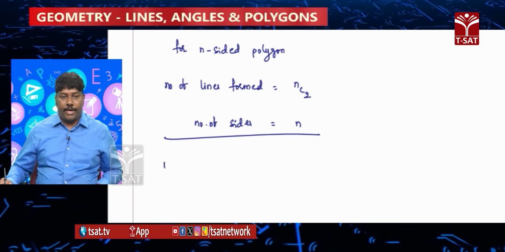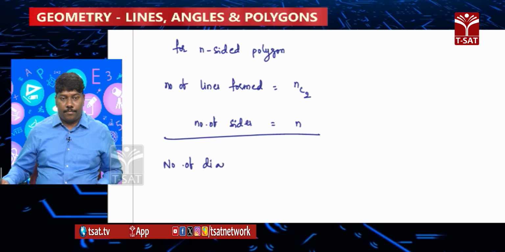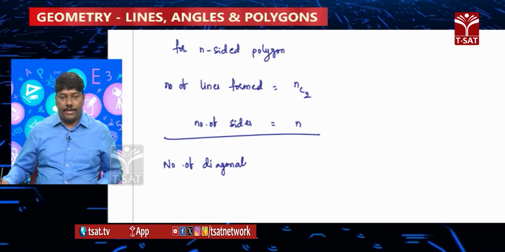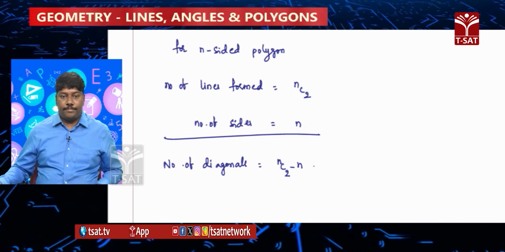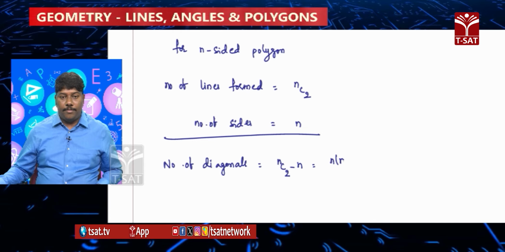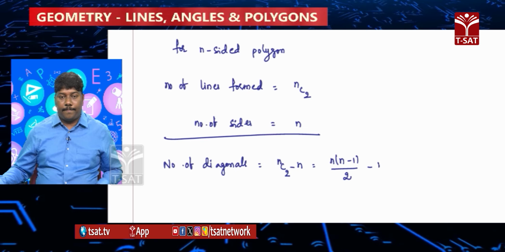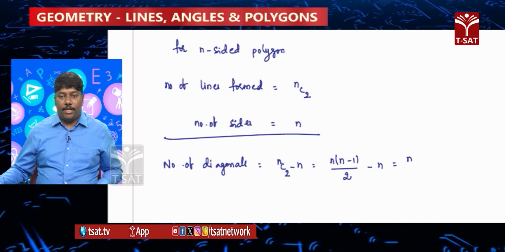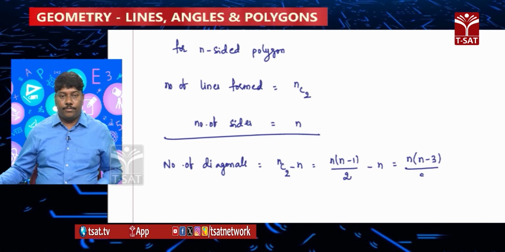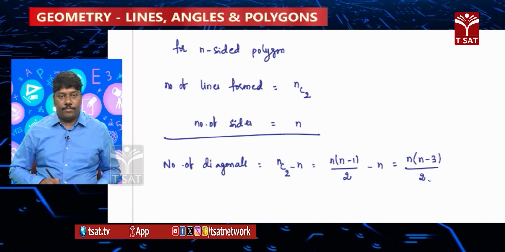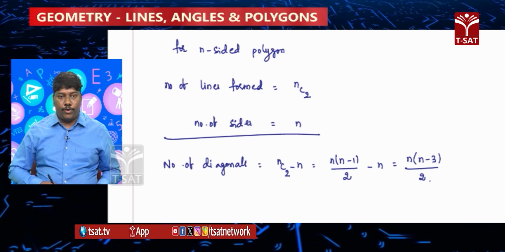Now we get the number of diagonals: nC2 minus n, which is n into n minus 1 by 2 minus n. If you simplify it, it will be n into n minus 3 by 2. So the number of diagonals formula is n(n minus 3)/2.